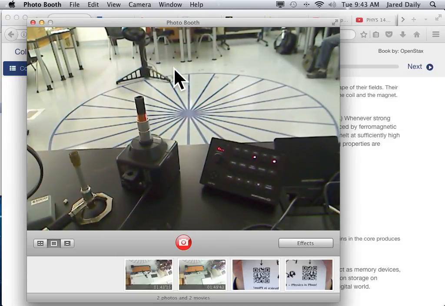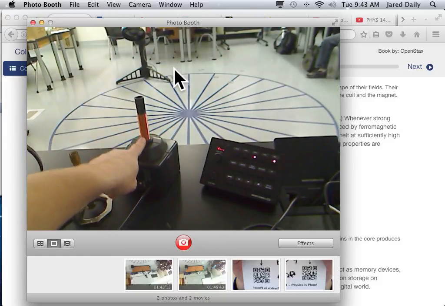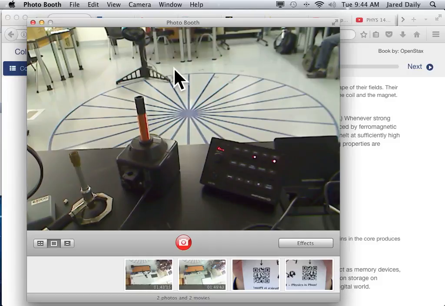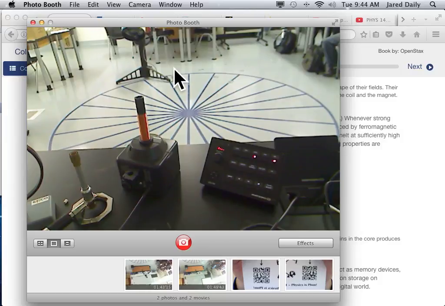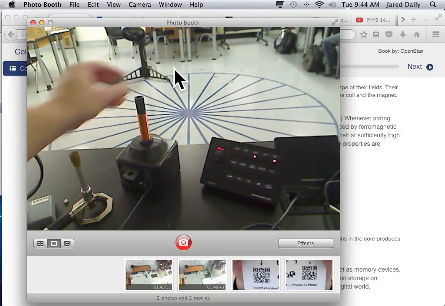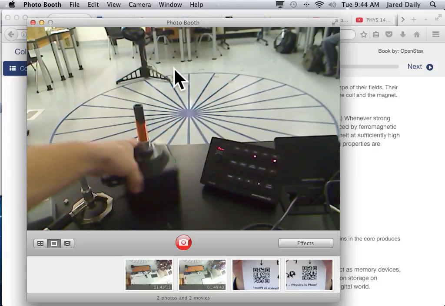The ring launcher is really just a coil of wire, which you can actually see on here. This coil of wire has several hundred coils on it, and it's wrapped around a piece of plastic, so it's not an iron core. And then I've got this ring here that I'm going to put on here. Why this ring jumps is not as important right now as it will be later. We'll learn why the ring jumps later.